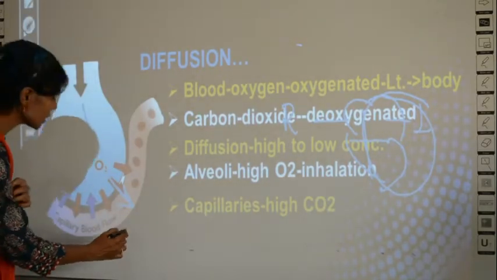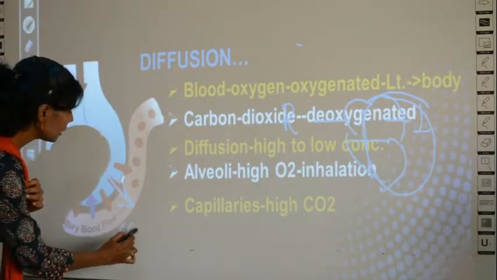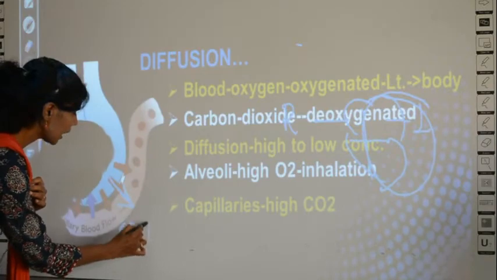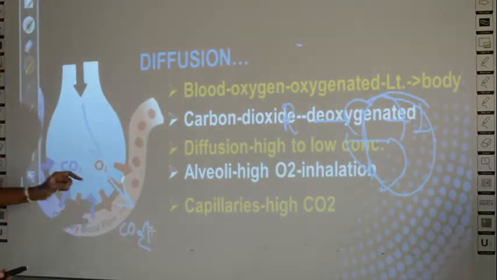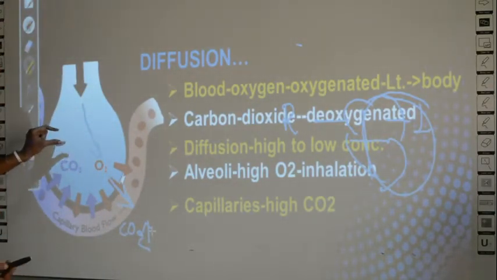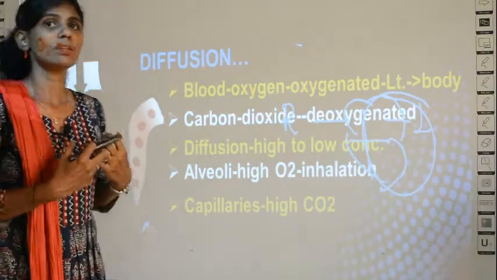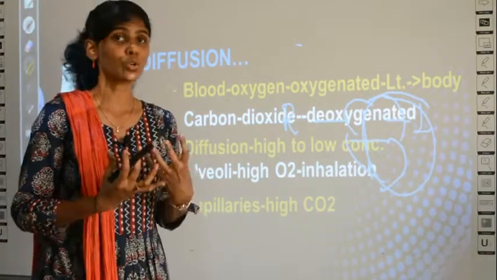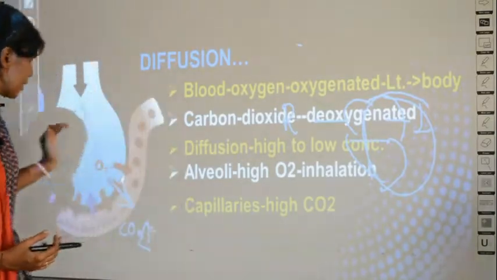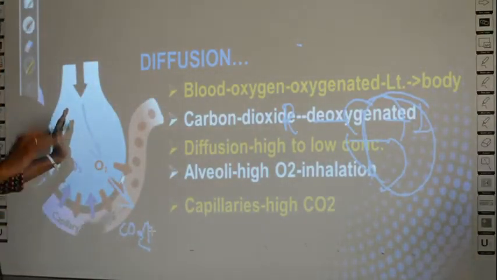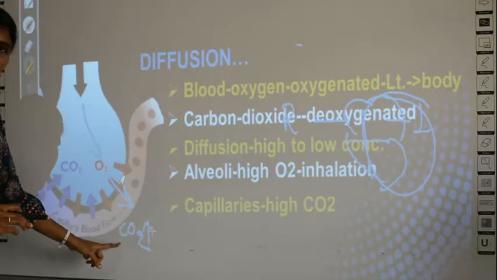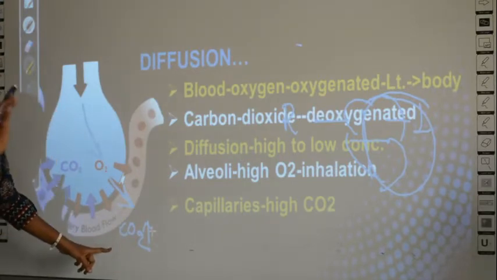So CO2 is high in capillaries. CO2 is less in the alveoli because it is just now filled with fresh air which has so much of oxygen. So carbon dioxide in the alveoli will be less, carbon dioxide in the capillaries will be more.